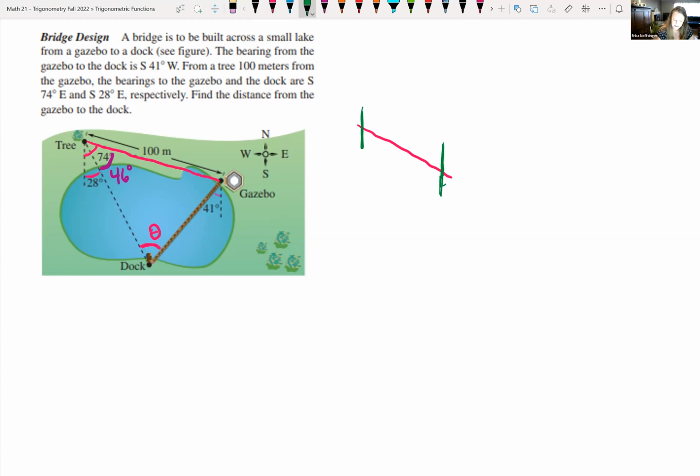And so I know, or it's given, that this is 41 degrees. And so to be congruent, I know that this angle in here, which was 74 degrees. Opposite, so this would also be 41 degrees.